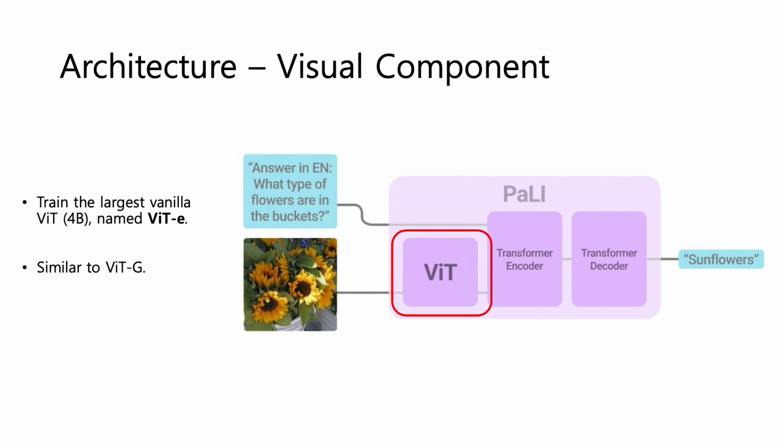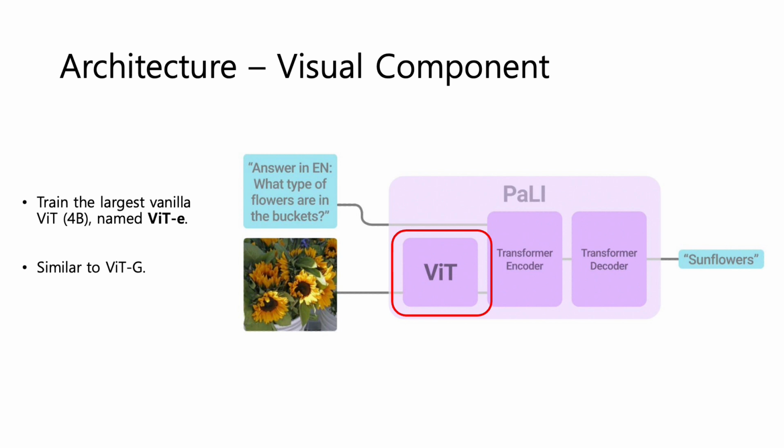For the visual component, we train the largest vanilla ViT architecture, named ViT-e. ViT-e has the same architecture and uses the same training scheme as the ViT-G model while scaling to 4 billion parameters. The difference from ViT-G is applying learning rate cooldown twice and averaging the weights of the two models.